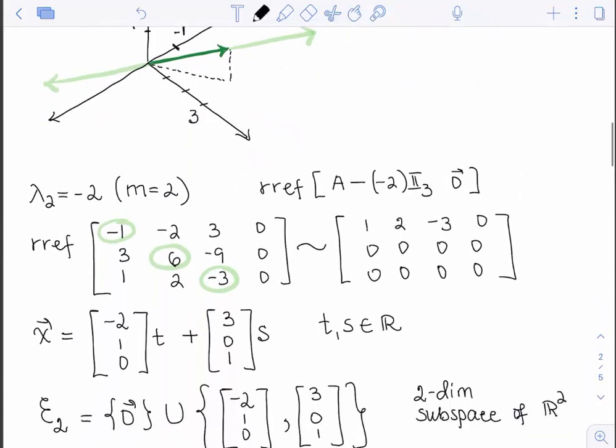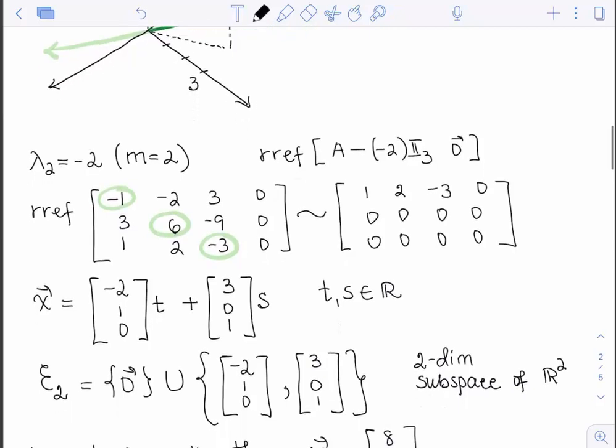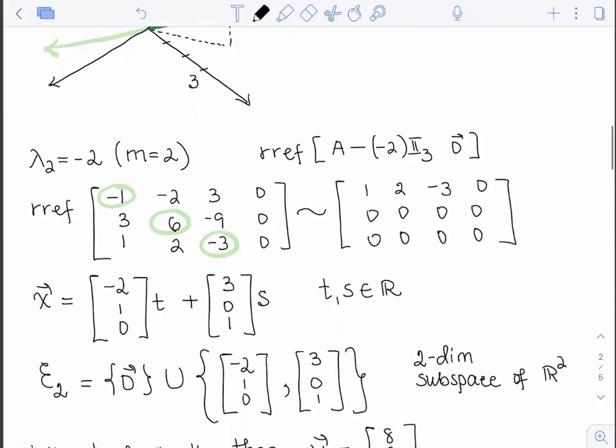Second step is to do the same thing for the second eigenvalue. Now, this eigenvalue has multiplicity 2. We carefully set up our matrix A minus -2 times the identity augmented with the 0 vector. I highlighted the numbers in the matrix that are changed.